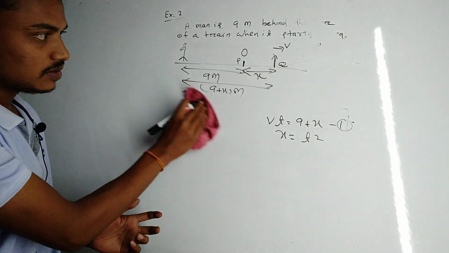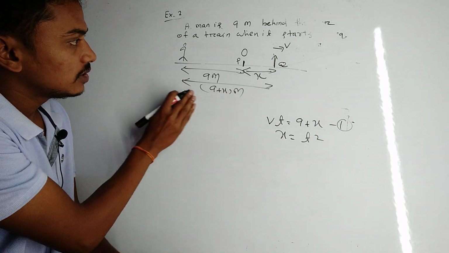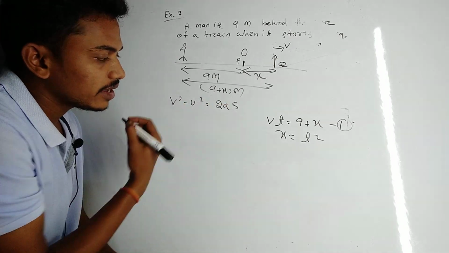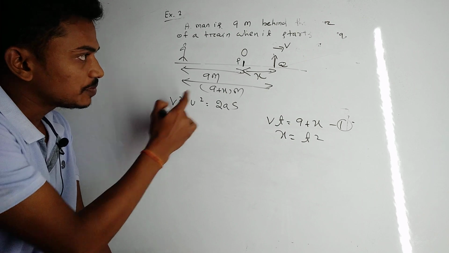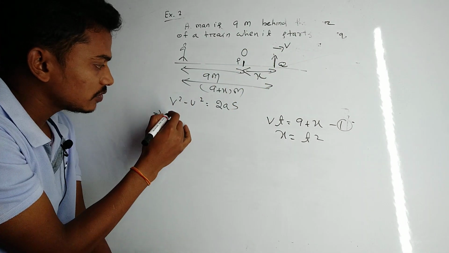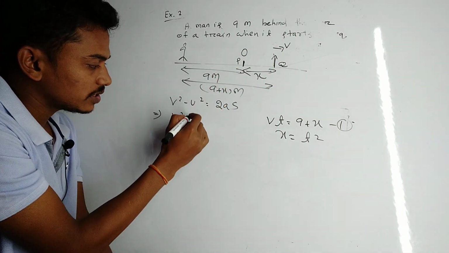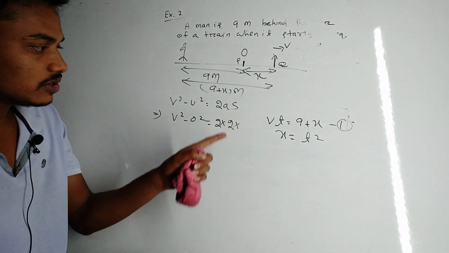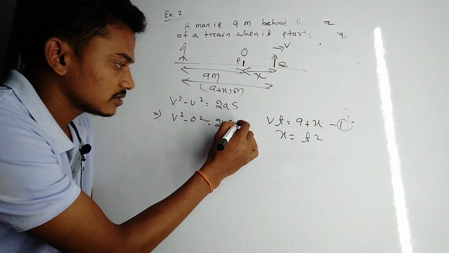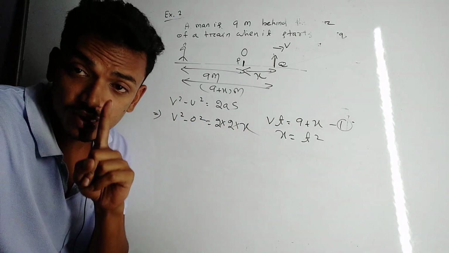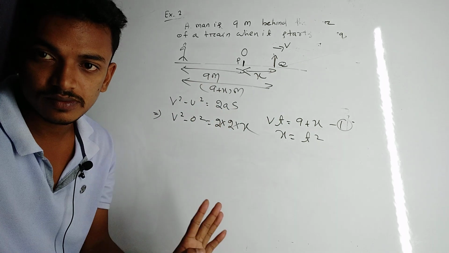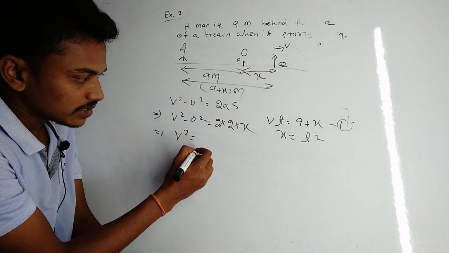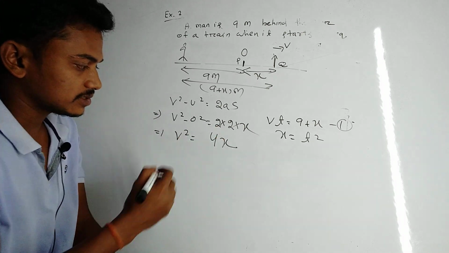Now we can use another relation also: v square minus u square equals 2as. Here v is the final velocity at point q, so v square minus 0 square, since the initial velocity is 0, equals 2 into acceleration 2 into distance x. I am considering the motion of the train from p to q, through the displacement x. So v square is equal to 4x.